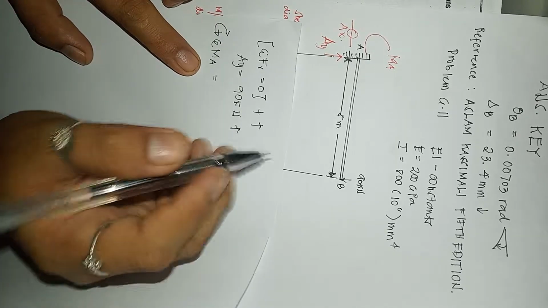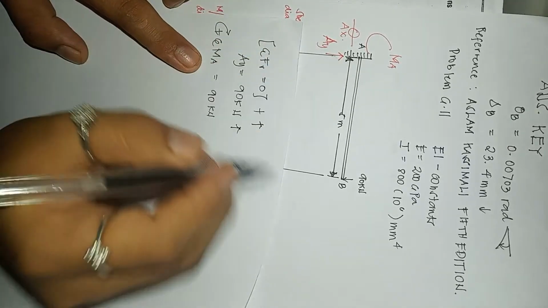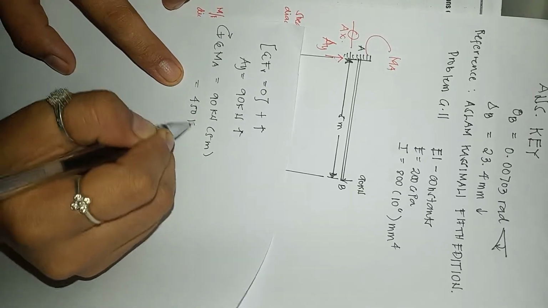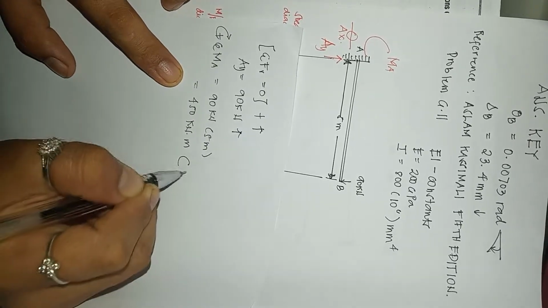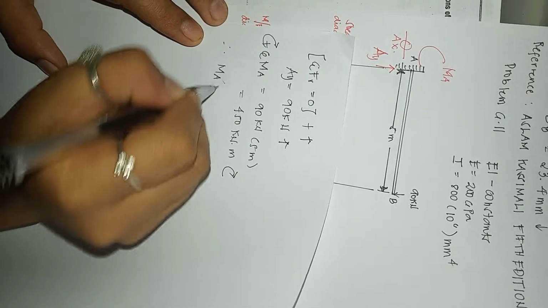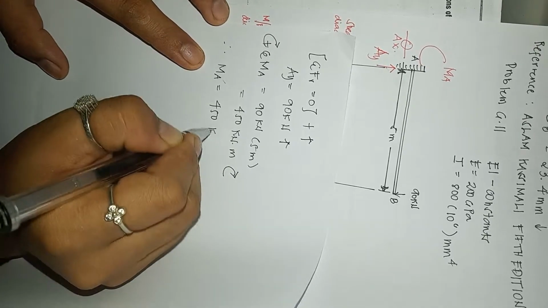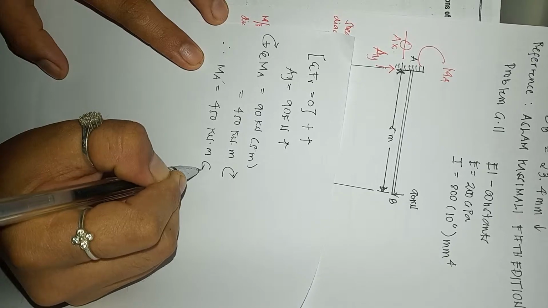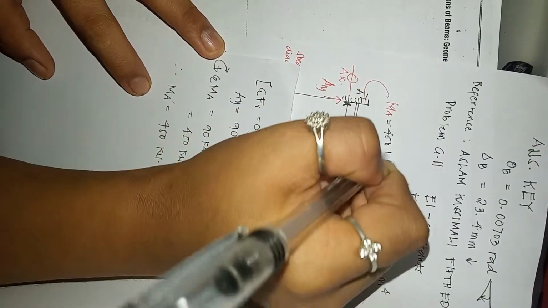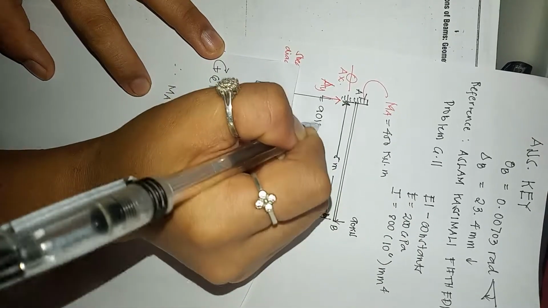So we have 90 kilonewton clockwise multiplied by 5 meters, so we have 450 kilonewton meter clockwise. So the resisting moment, therefore, the moment at A is equal to 450 kilonewton meter counterclockwise, and AY is 90 kilonewton upward.